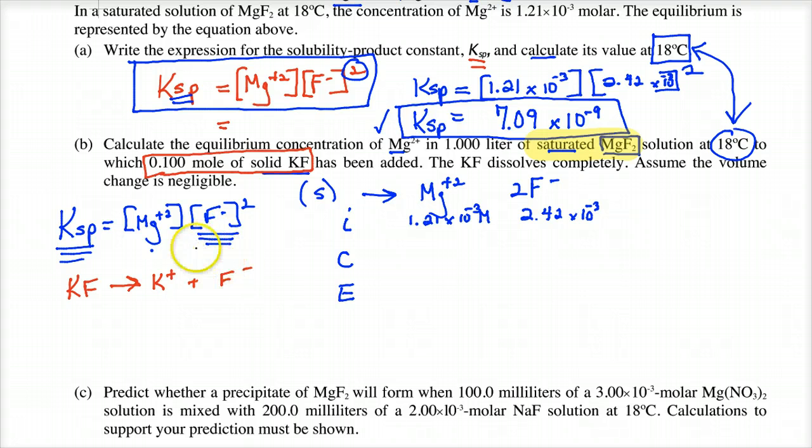All right. Now, what does that mean? Well, that means that I am going to really be adding more fluoride ions to the mix by adding potassium fluoride. Now, this is a soluble compound, completely soluble because of that group 1 ion.